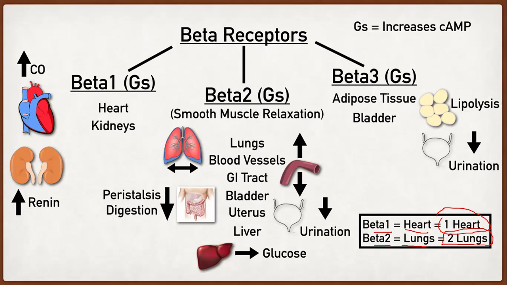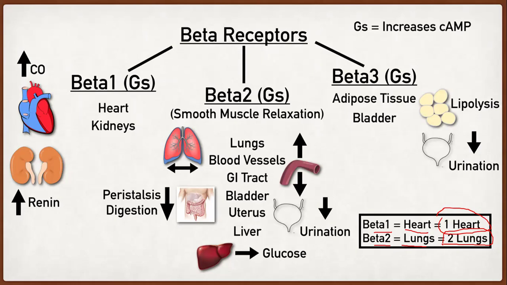But the action of those drugs in the lungs will be different, like they will cause bronchoconstriction. So with the constriction of the bronchi, the patient may have difficulty in breathing if that patient is already a known case of asthma or COPD.